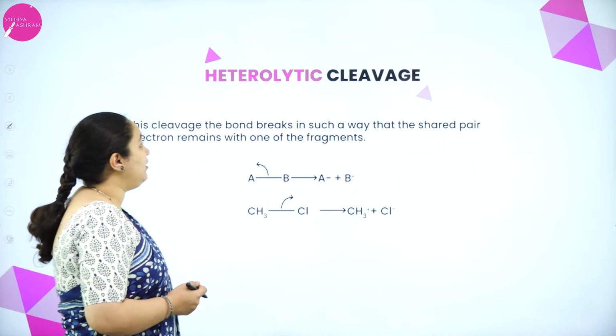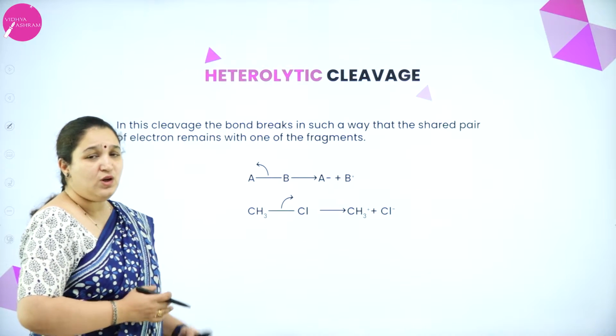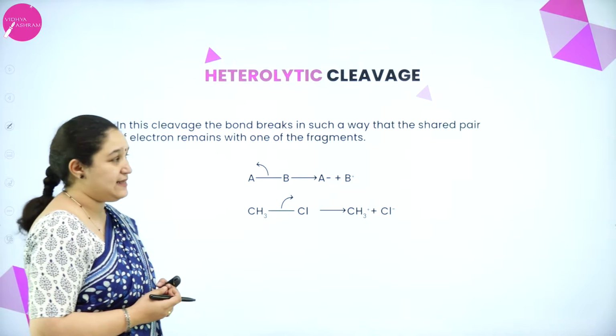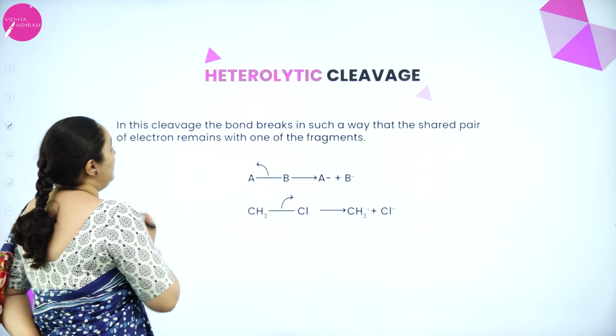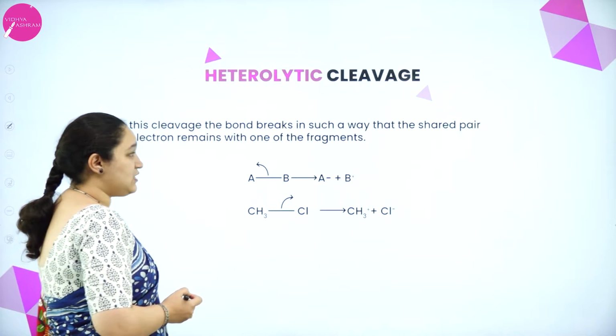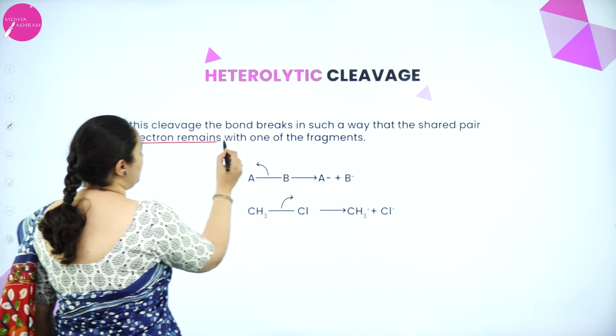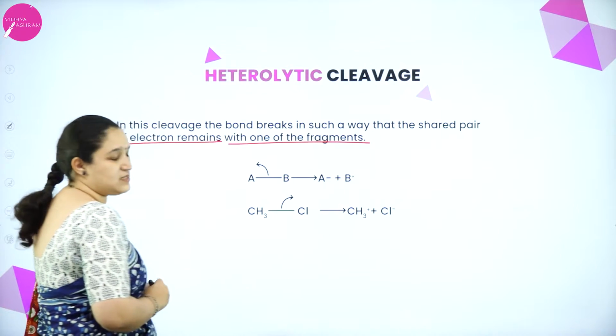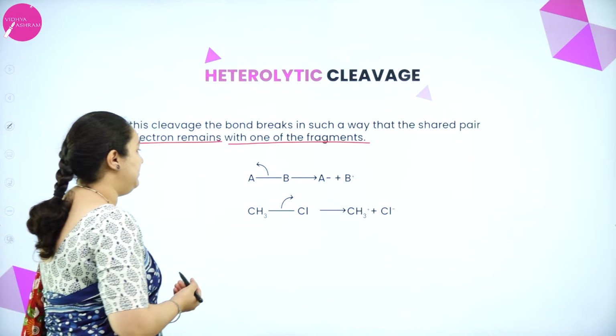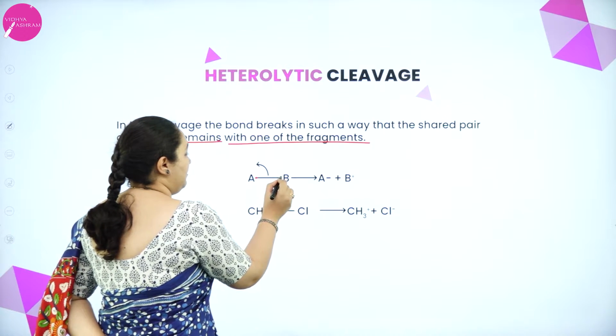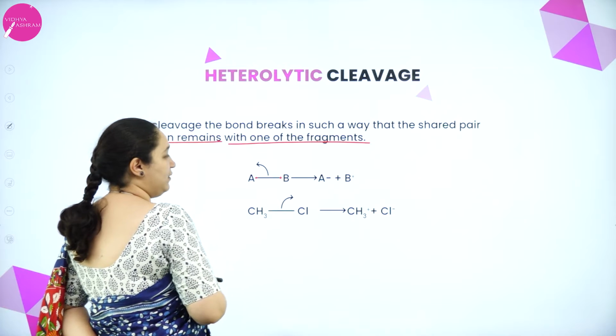Next is heterolytic cleavage. Now in heterolytic cleavage, what exactly is happening? Here the bond breaks in such a way that the shared pair of electrons remains with one of the fragments. For example, A and B have both given one electron each, forming a covalent bond.